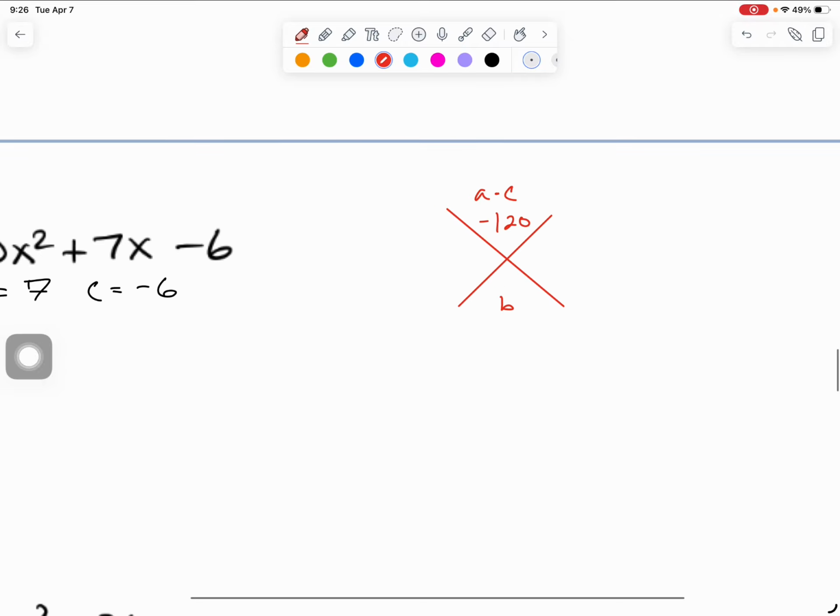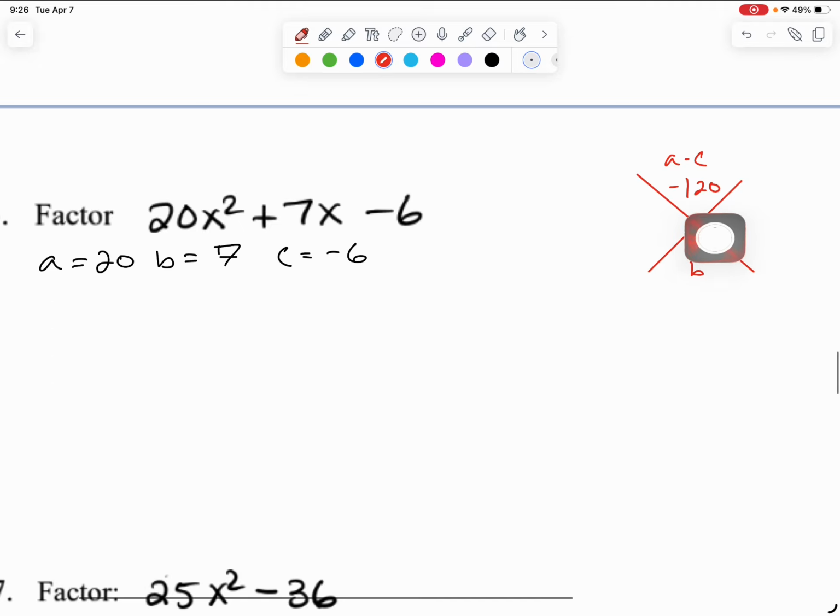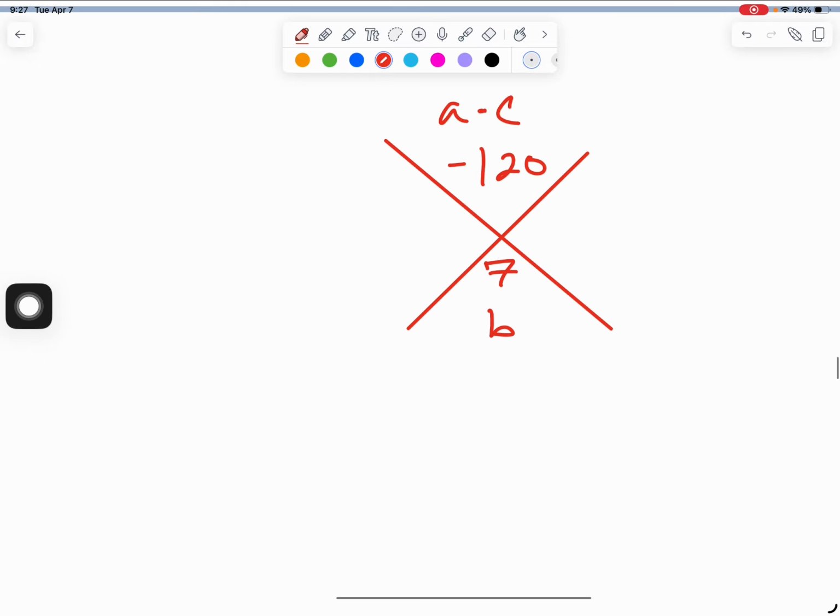Your B goes down below. I got my A times C up top and my B down low. B equals 7. And then we're going to go Ax and Ax. Our A is 20. 20x, set it over. 20x, set it over.